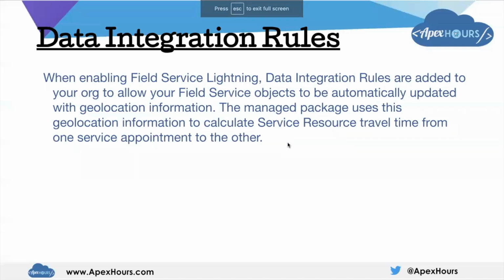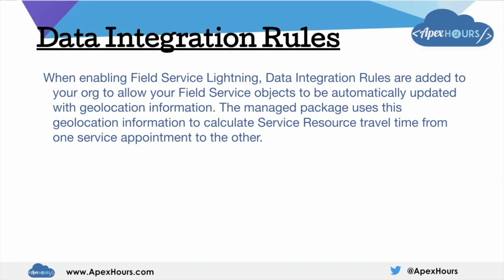Then there's something called data integration rules. Now, when enabling field service lightning, data integration rules are added to our org to allow field service objects to be automatically updated with geolocation information. The managed package uses this geolocation information to calculate service resource travel time from one service appointment to the other.